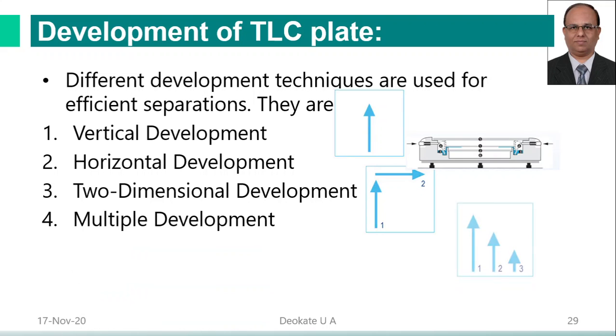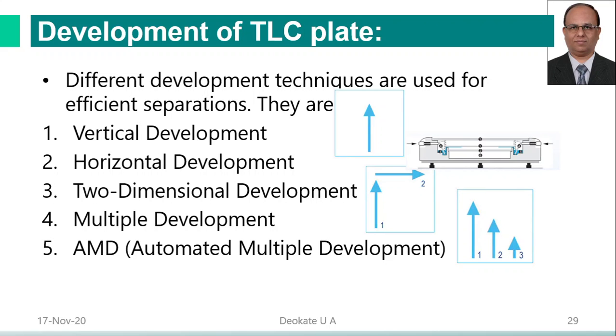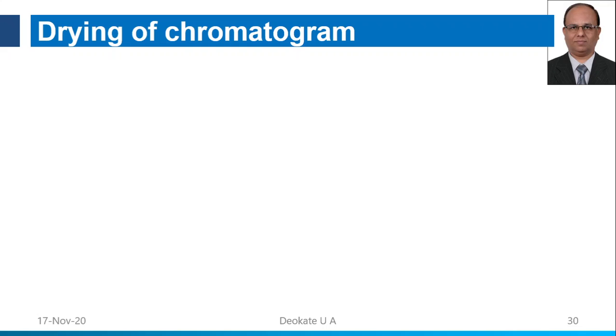Then in multiple development, the various spots are given and developed at different rates. Now in modern chromatography, that is HPTLC, we are using the AMD, that is automated multiple development system, like the isocratic systems used in HPLC. The same type of multiple development systems are available in HPTLC.